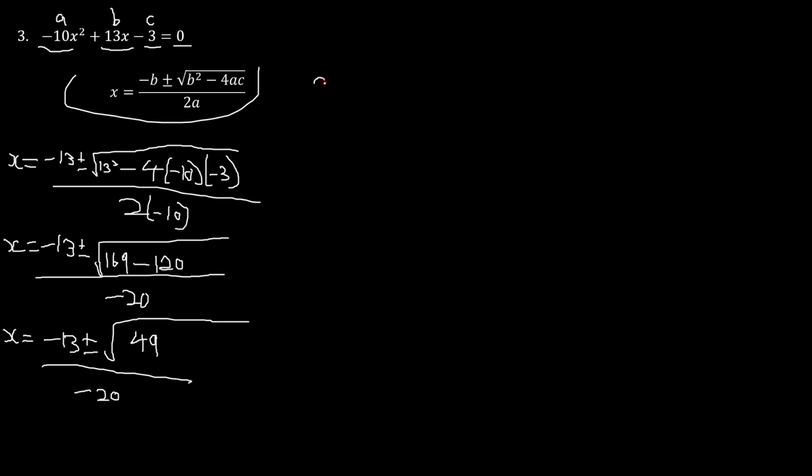X is equal to minus 13 plus or minus 7 all over minus 20. So x is equal to minus 13 plus 7 over minus 20.